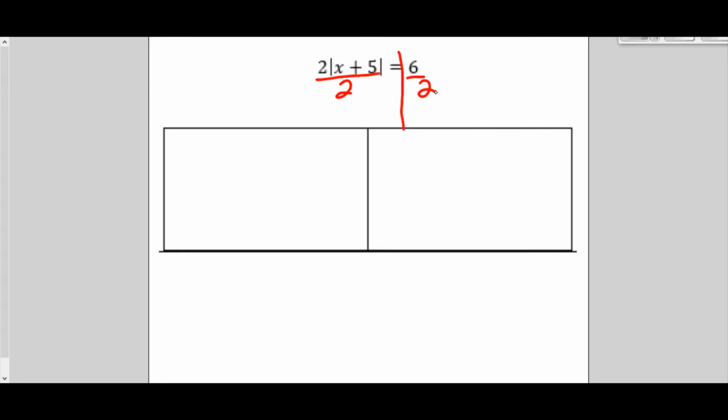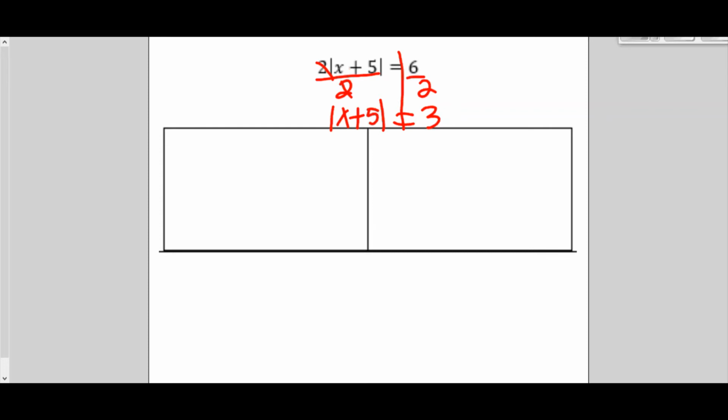These 2's cancel. This gets me the absolute value of x plus 5. Notice it didn't change anything inside the absolute value. The only thing that changed is now I don't have the 2 out front.